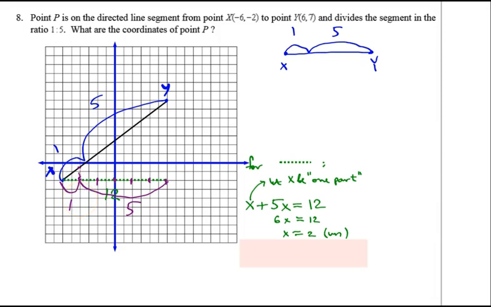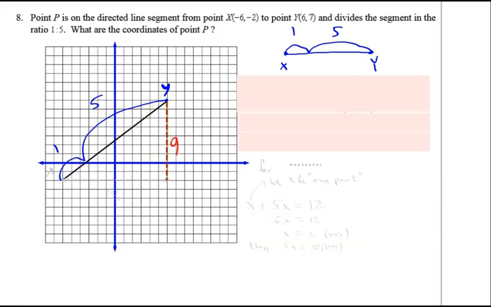I will just verify that with the process for the vertical side of the triangle. So I'm gonna do the same thing, complete the vertical side. It will be broken in the ratio 1 to 5. So again, there will be 6 parts there.